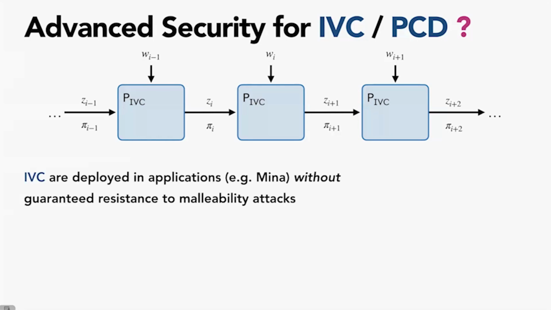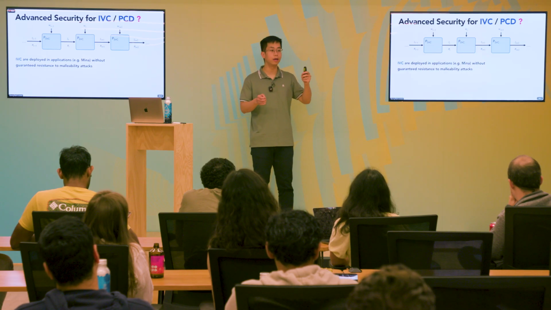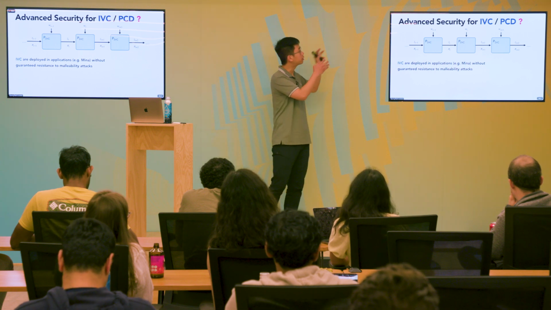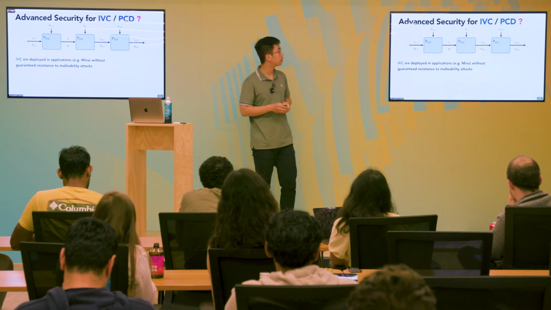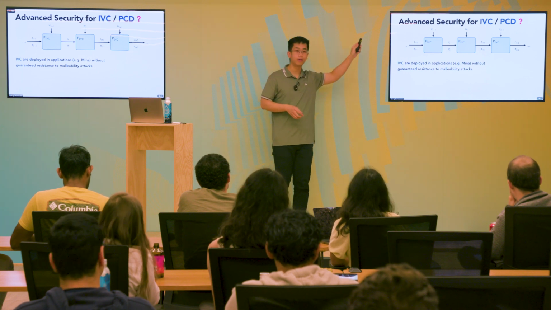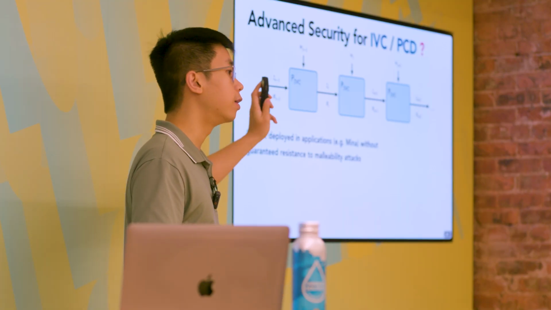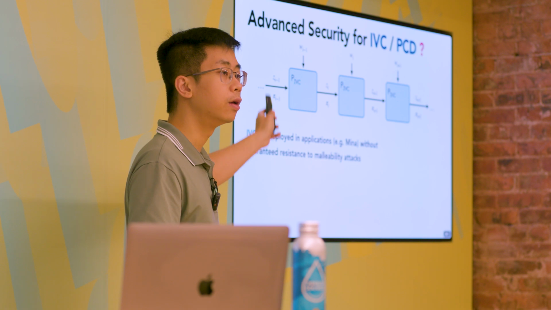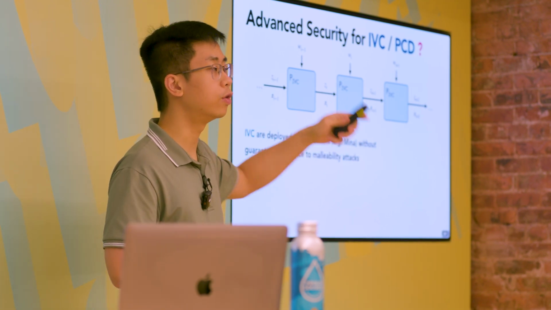What's happening now is that many of these IVC schemes are actually deployed in applications. For example, I think the Mina blockchain exactly instantiates this IVC framework so that each of the steps is a state of the blockchain, and then you do continual updates with proofs.